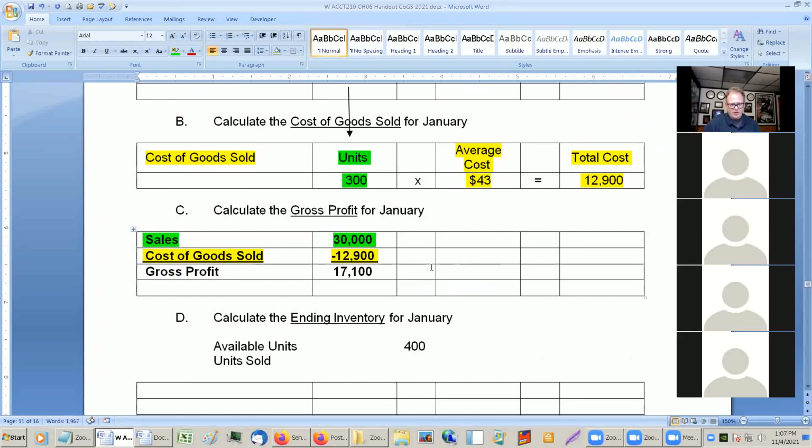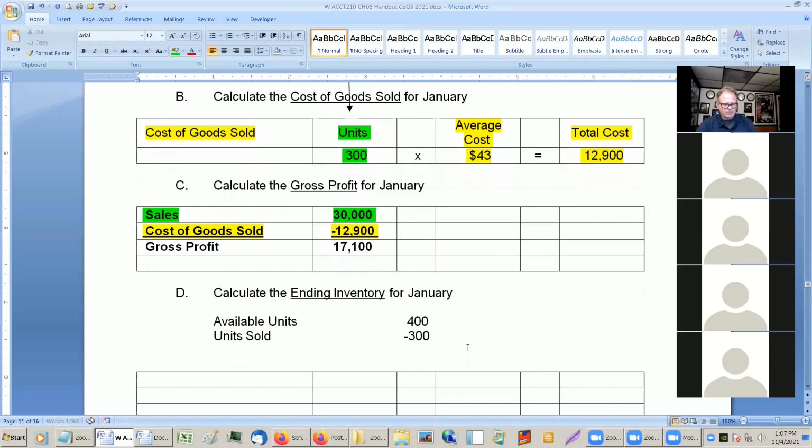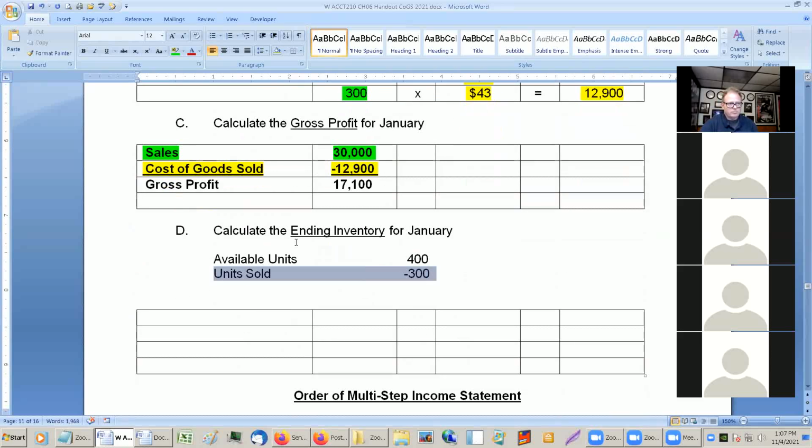Units sold was 300. So our ending inventory, in other words, not sold, 100. Just say units in.